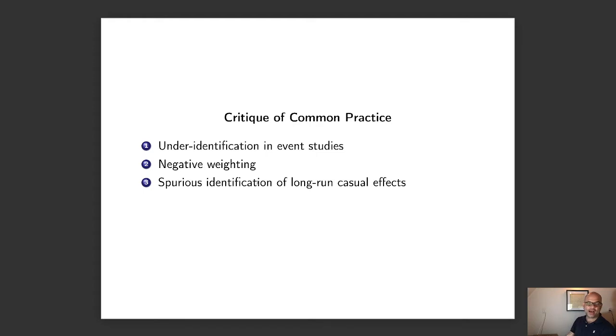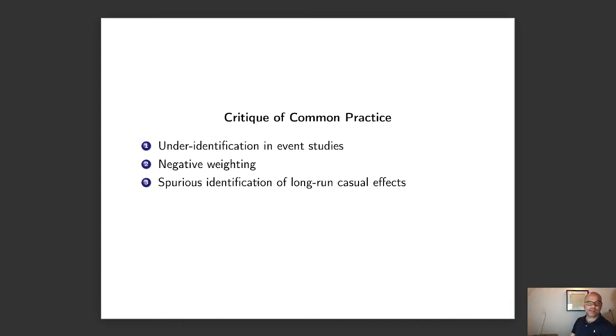So you're going to get three things when you do this. You're going to get under-identification in the event studies. We kind of discussed this with Sun and Abraham, right? So we'll talk about it again. You're going to get negative weights, which we saw a little bit of with Sun and Abraham, but this is actually even in the static. Actually, I'm not sure if it's in the static, but you can get negative weights.